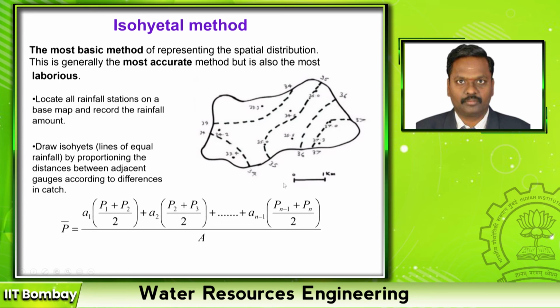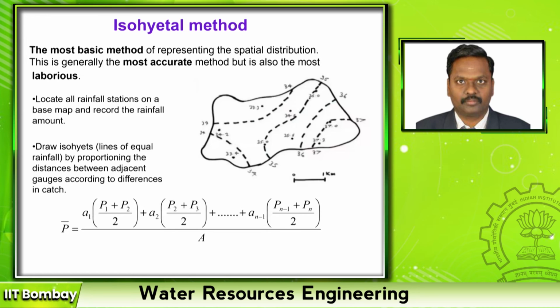That means each station is represented by 1/4 of this circle. So when the next class comes, you are supposed to show me this answer. Then for station A, rainfall 85 into 1/4 of this area, then 130 rainfall of B and 1/4. So multiply this rainfall with this area, divide it by total area, and it will give you the average rainfall of this basin. This is the Thiessen polygon method.